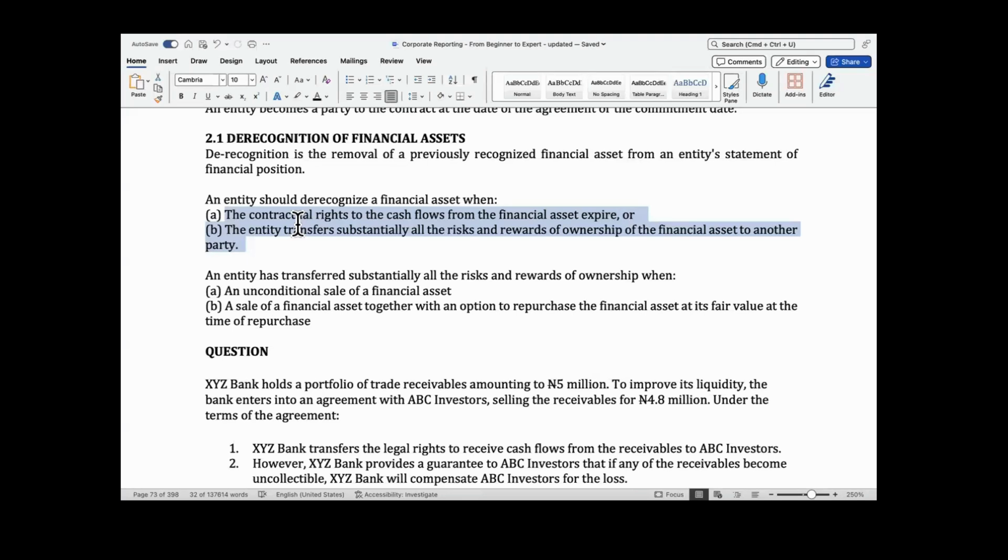Number one, when the contractual rights to the cash flows from the financial asset expire.